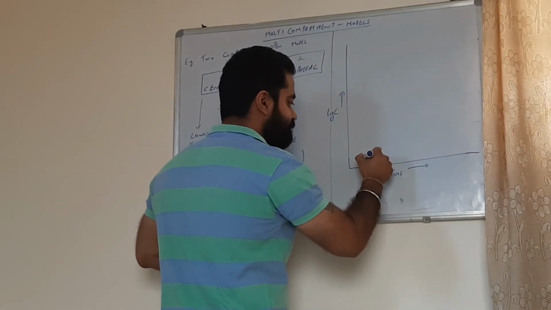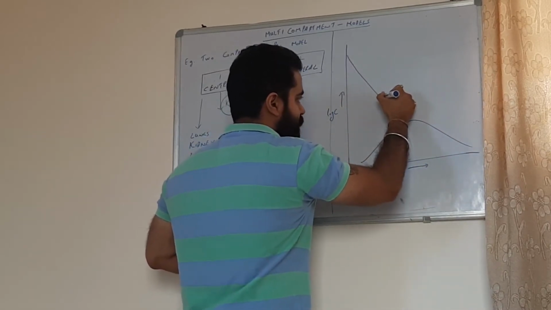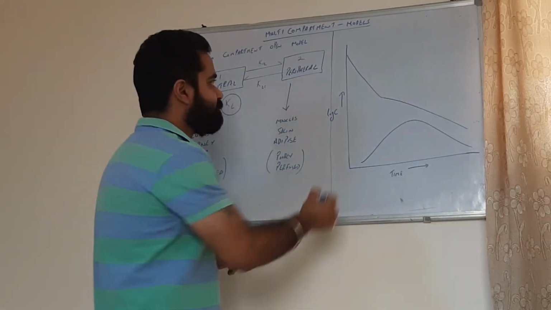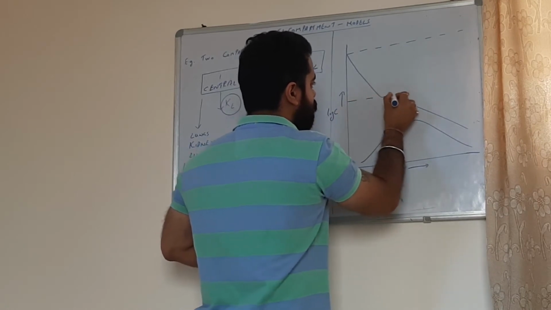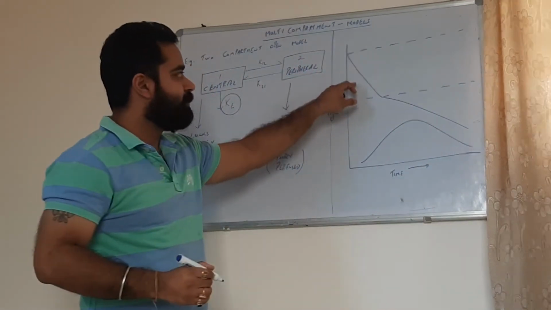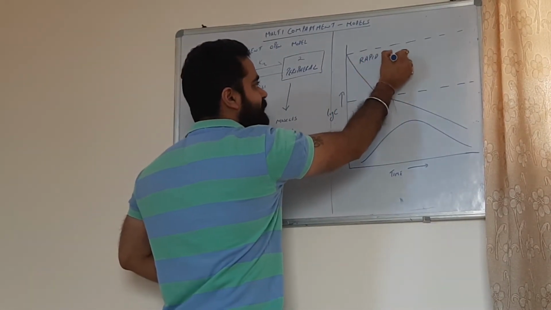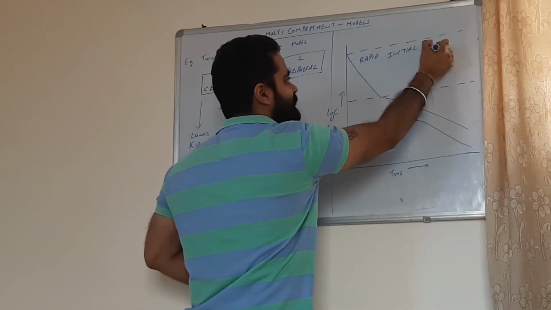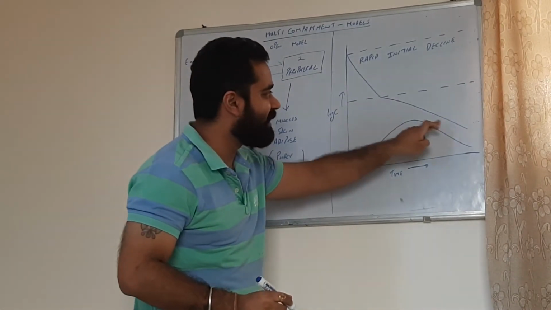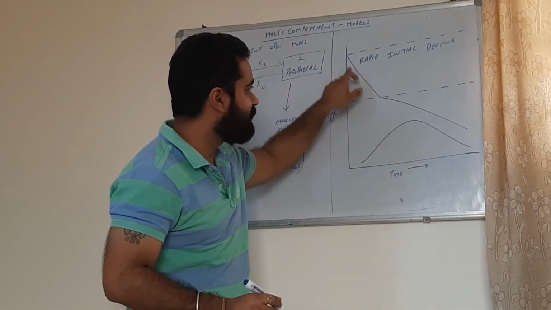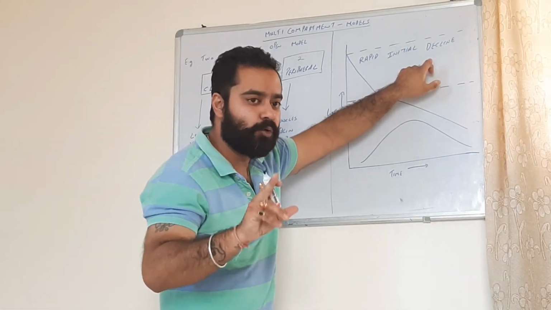Now let us see. This part of the graph shows a rapid initial decline in the concentration, where the concentration of drug rapidly declines. Why does this happen?